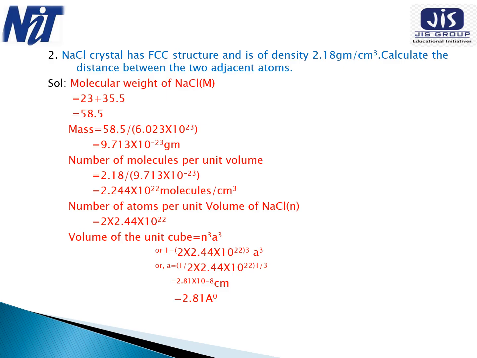So from that we get the value of a as 1 by 2 into 2.244 into 10 power 22, to the power 1 by 3, which gives us 2.81 into 10 power minus 8 centimeter. Now 10 power minus 8 centimeter equals 1 angstrom. So the distance between adjacent atoms will be 2.81 angstrom.